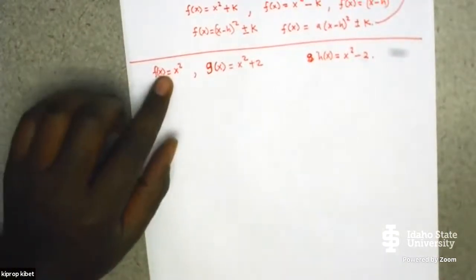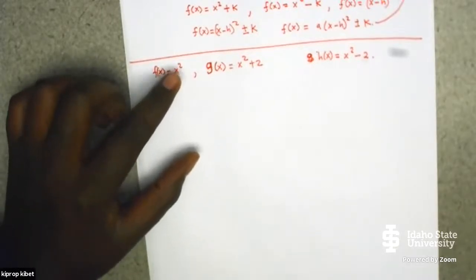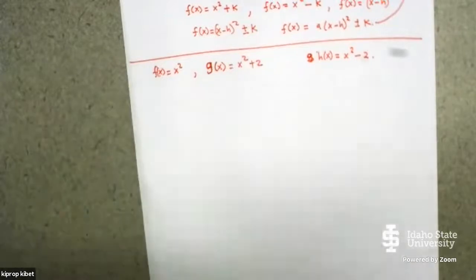So when we add 2 to x squared and when we subtract 2 from x squared, how will that graph be like?